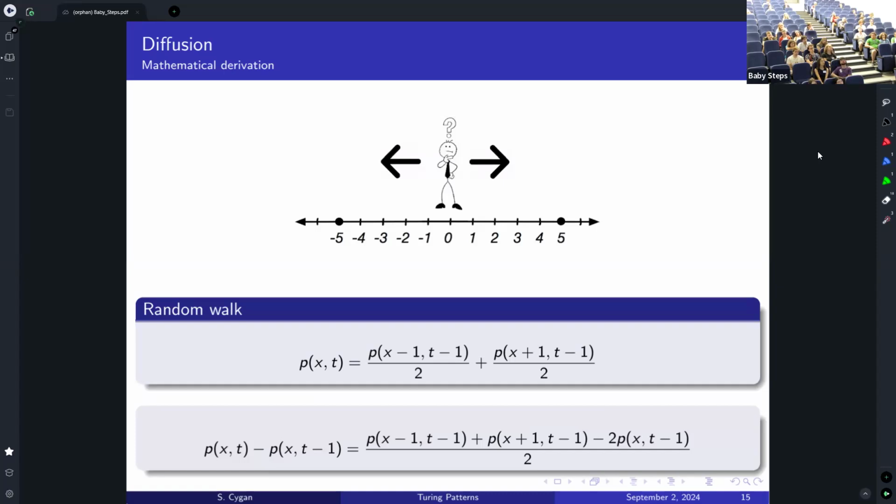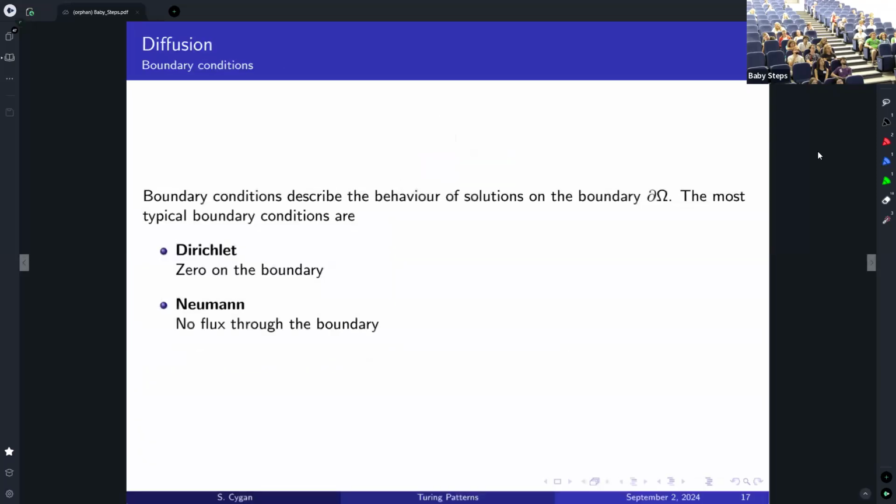Or we assume that there is a wall here, which means that he cannot pass through the wall. If he hits the wall, he will be reflected and go back into our domain again. And those two are called the zero Dirichlet boundary condition, or the no-flux boundary condition, which you can think of as a wall placed at the point -5 or at the point 5, which means that our guy cannot go through the boundary.